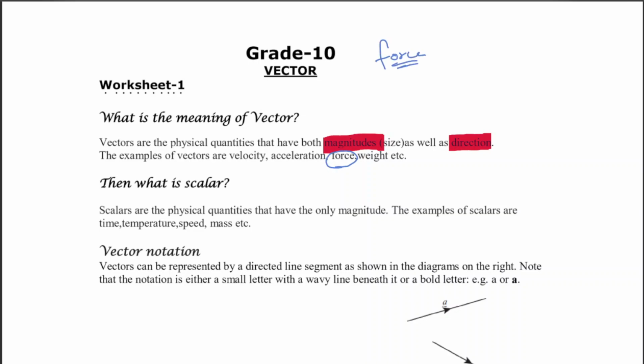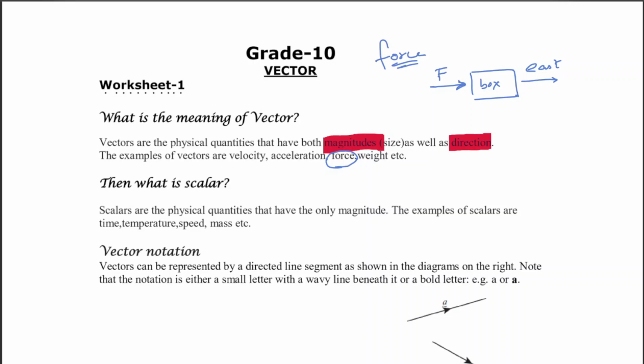I can give you an example of that. Let's say I am pushing a box, this is a box, and I'm applying force. If I'm applying force to this box, I'm also giving direction to this box. So it is moving in the eastward direction or west direction. So if I'm applying force, I'm also giving direction to the box.